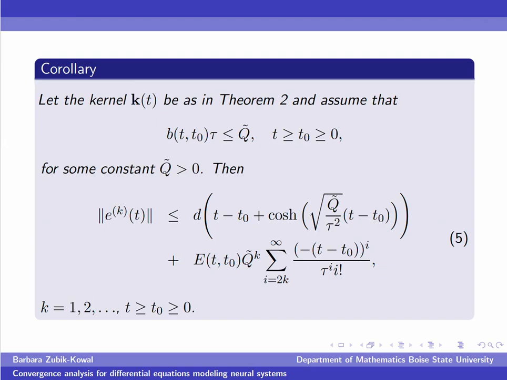And this error bound 5 is more concise than error bound 4, although error bound 4 is sharper than 5. Here, the error D is a factor in the first component in 5, while the error of a starting iterate is a factor in the second component. So this corollary presents a more concise error bound.